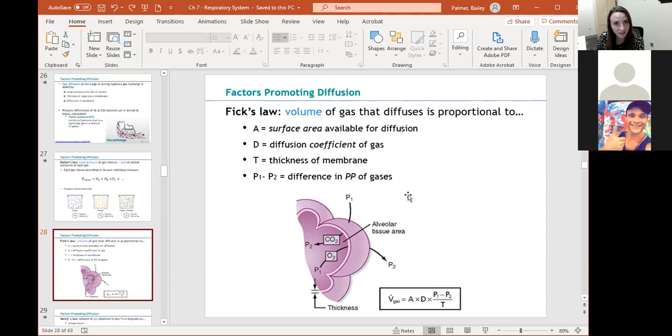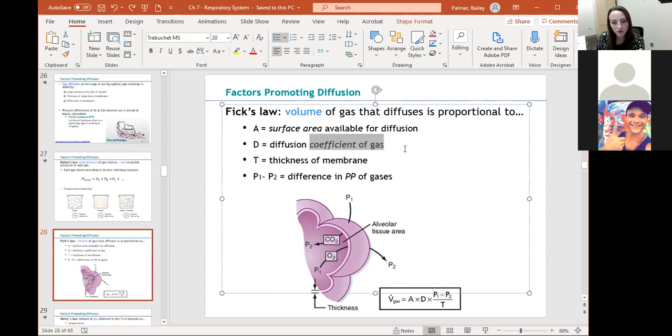First, the surface area available: how much room do we have for diffusion to occur? Second, the diffusion coefficient, which has to do with the ease at which a particular gas moves. Then the thickness of the membrane and the difference in partial pressures. So basically, just know those 4 variables and this statement: Fick's law has to do with the volume of gas that diffuses. What is it proportional to?